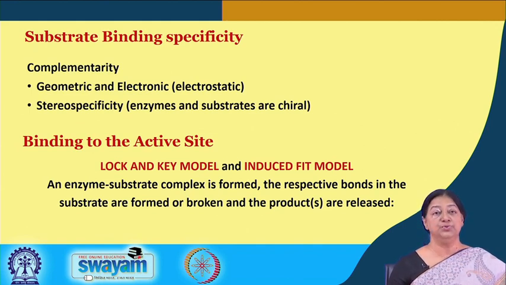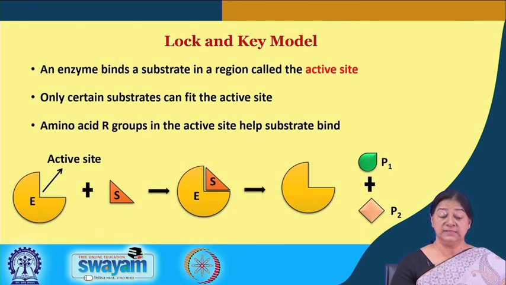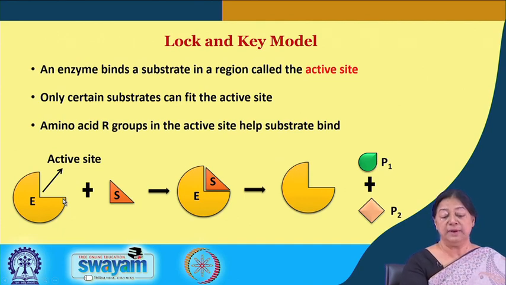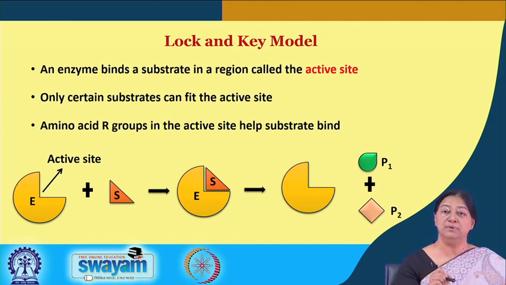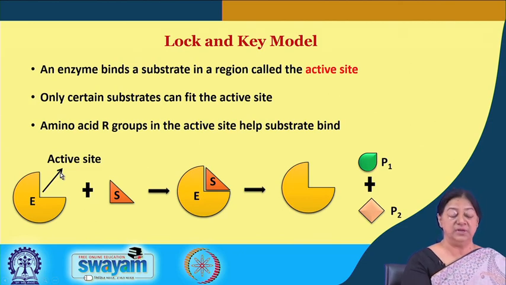Let us look at these two different types. One is the lock and key model. Here, the enzyme binds a substrate in a region called the active site, and we learned that only certain substrates will fit the active site, which means that a circular substrate is not going to fit here.